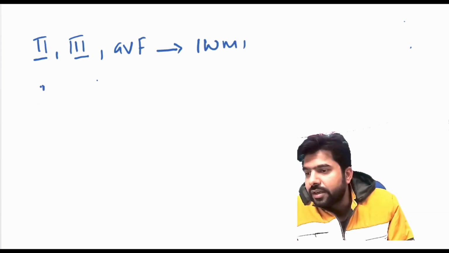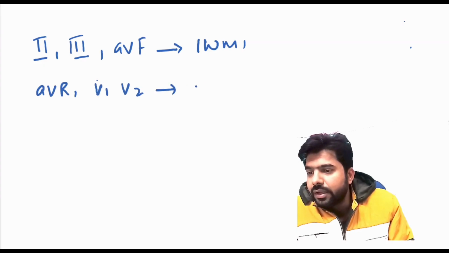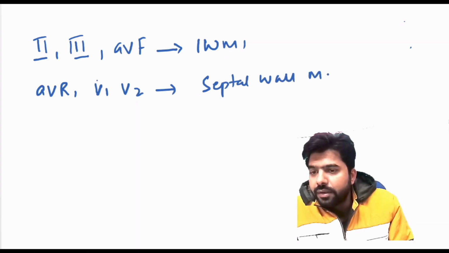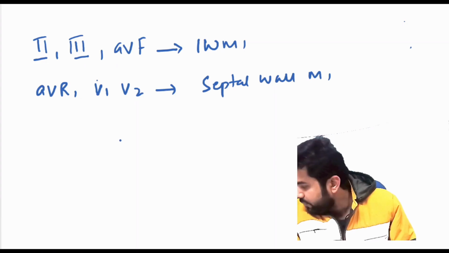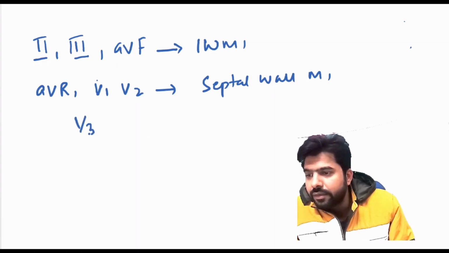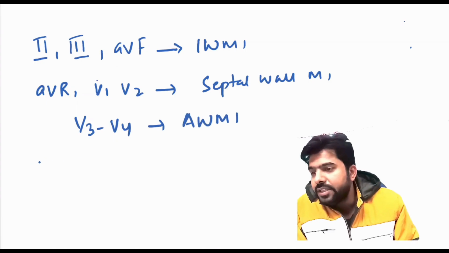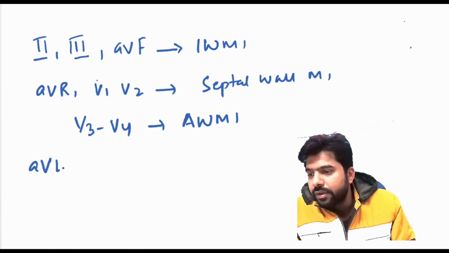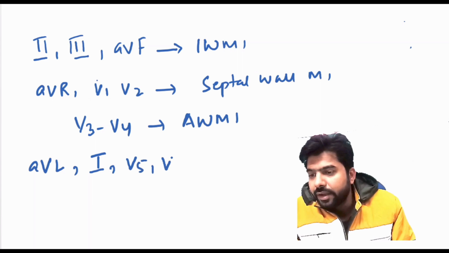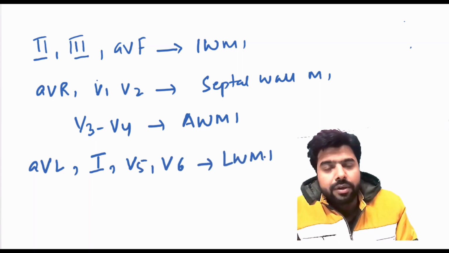If these changes occur in AVR, V1, V2, then it is a septal wall MI. If these changes occur in V3 to V4, then it is an anterior wall MI. And if these changes occur in AVL, lead 1, V5 and V6, then it is a lateral wall MI. Okay.